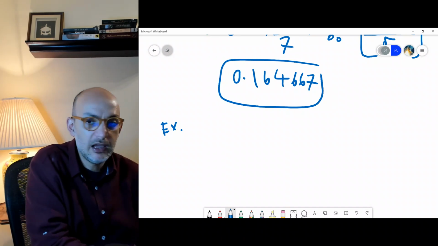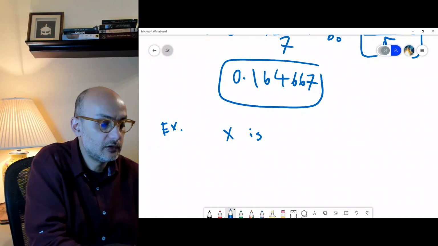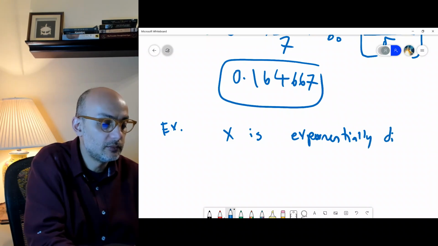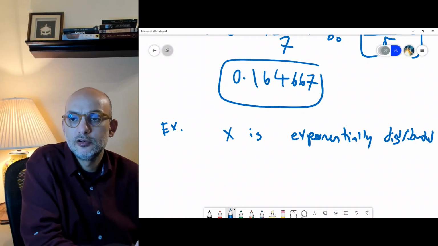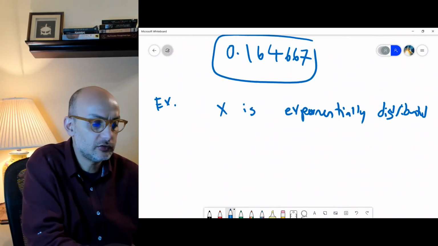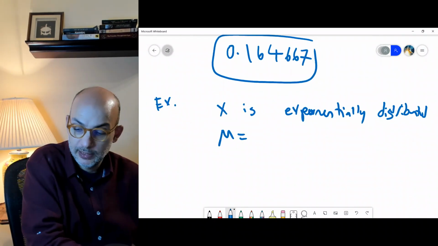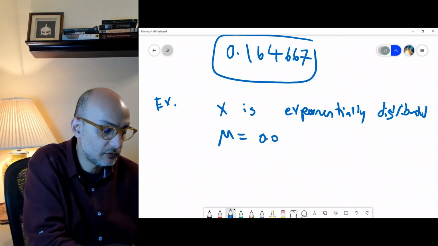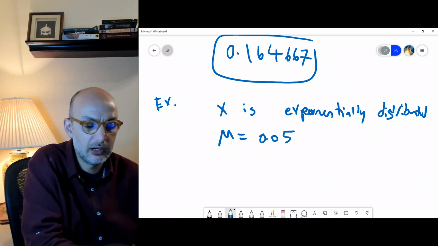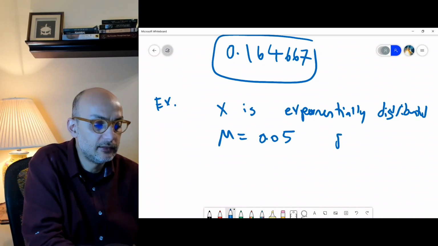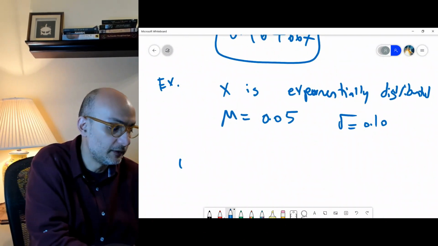Now if life x is exponentially distributed, we need mu, and let's take mu as 0.5%. And what is mu? Mortality rate, and delta is 0. So let's compute the same one.